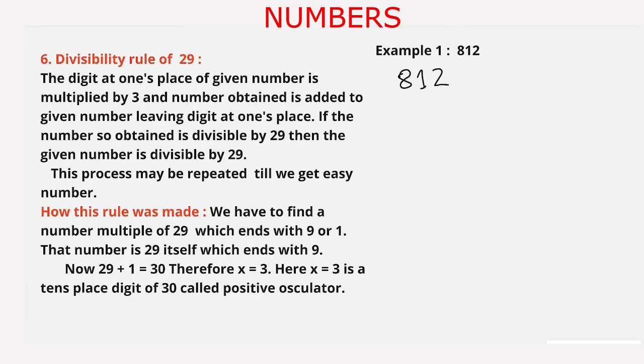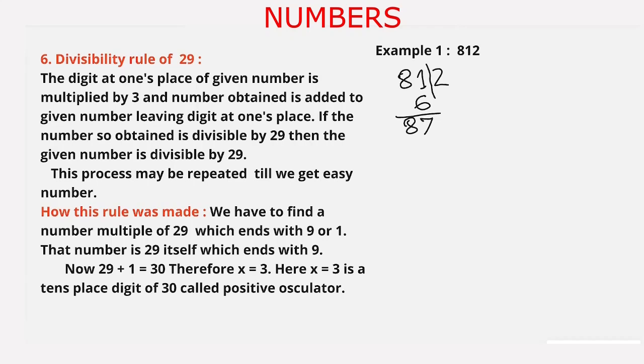We multiply 3 to this number 2. 3 times 2 is 6 and we leave 2, and the remaining part of the number is 81. 81 is the remaining part. We add this 6 to 81 and this becomes 87. Now we know that 3 times 29 is 87. Therefore 812 is divisible by 29.